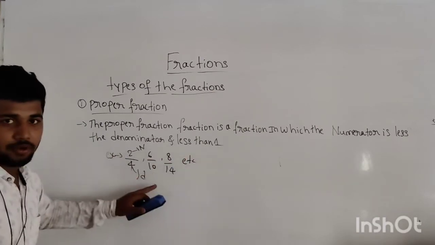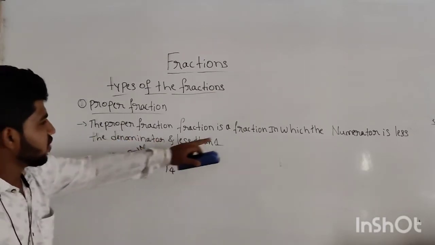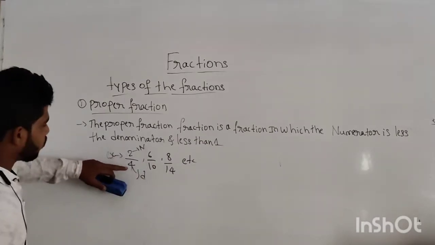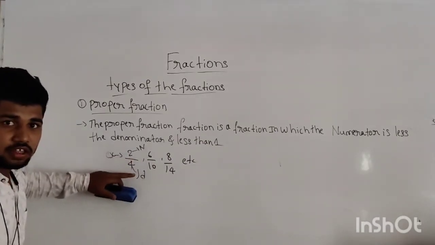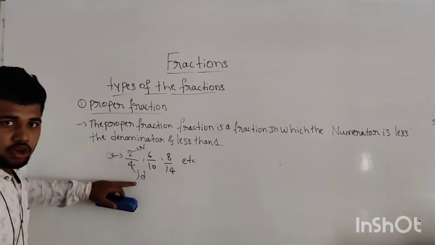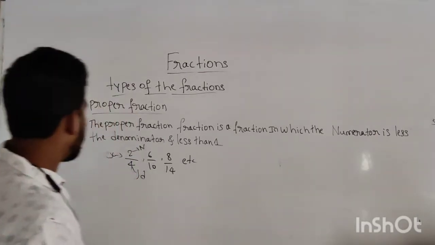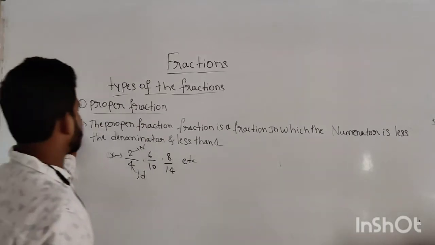A proper fraction is a fraction in which the numerator is less than the denominator. 2 is less than 4. 4 is the denominator, 2 is the numerator. I think you understood. And now we can discuss the improper fraction.